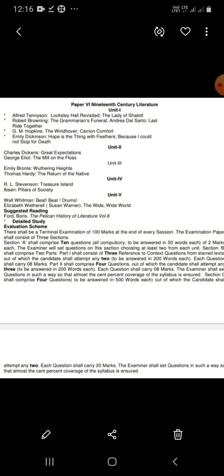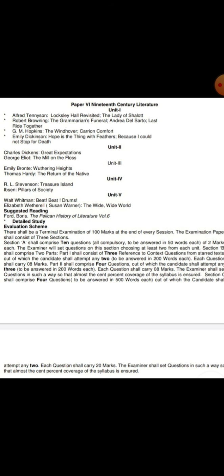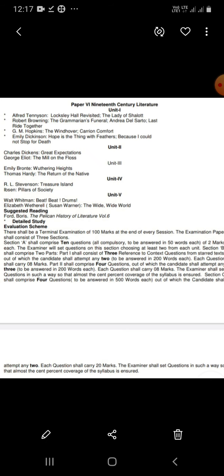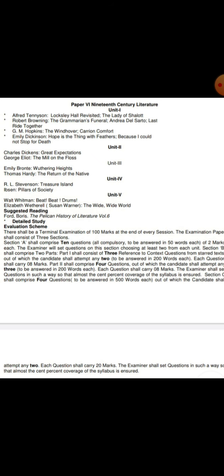This poet was covered in the BA third year syllabus, and the poem we had was My Last Duchess. This year also there are 3 poems, or rather 3 dramatic monologues, by this poet. One is The Grammarian's Funeral, the other one is Andrea del Sarto, and the next is The Last Ride Together.